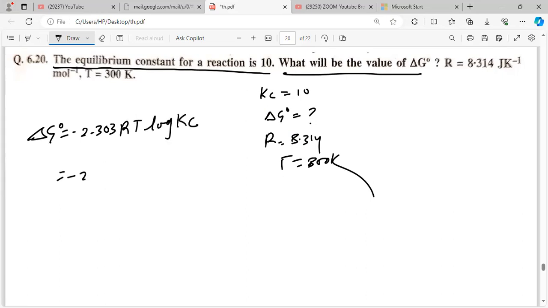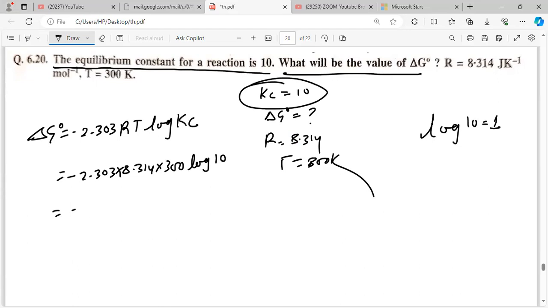So this will be minus 2.303, R value 8.314, temperature 300, log Kc, that is log 10. Log 10 value you must be knowing that is 1. They have given the equilibrium constant, that is Kc, 10. So log 10 value is 1. This is the formula.